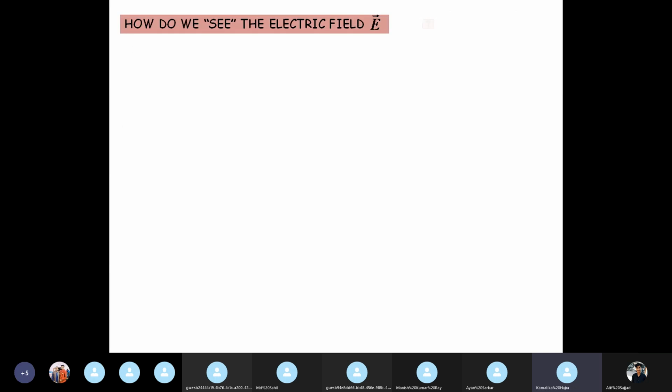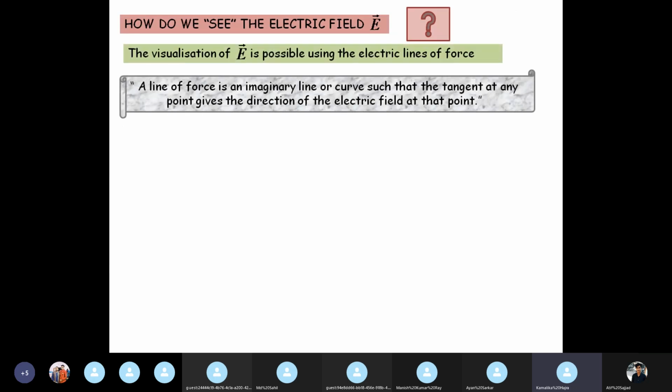So this is what we did, and then we had the concept of lines of force, how we can see or visualize an electric field because of the presence of the electric lines of force. So a line of force is an imaginary line or curve such that the tangent at any point gives the direction of the electric field at that point.